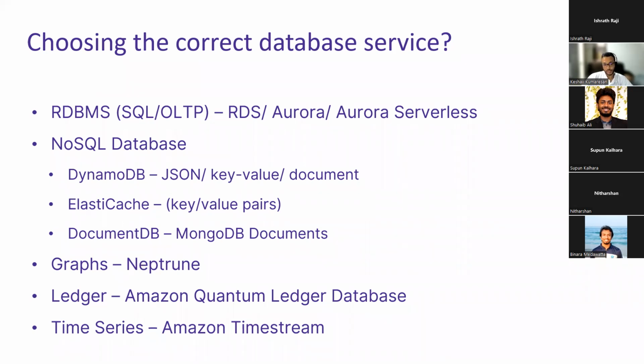Neptune is a graph database, and a graph database is good if you are building a social media application or a contact tracing application. Neptune is another proprietary offering by AWS. It's also managed, so it's serverless and you don't have to worry.